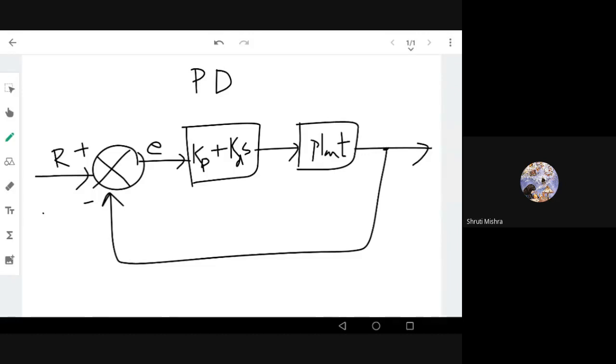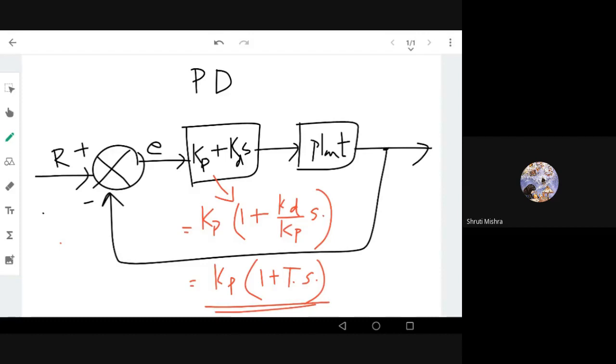Okay, so I can also write this the way it appears in textbooks. You can see this is written with KP taken out. So 1 plus KD by KP into S, which can be simplified as KP into 1 plus, say, constant T into S. Okay, so 1 plus TS, something like this.